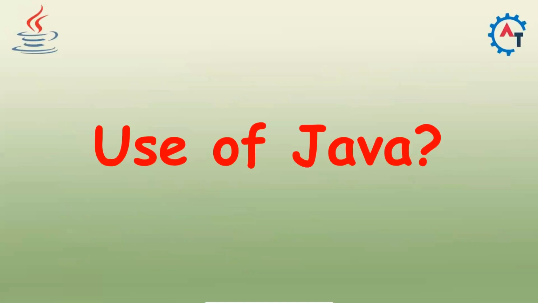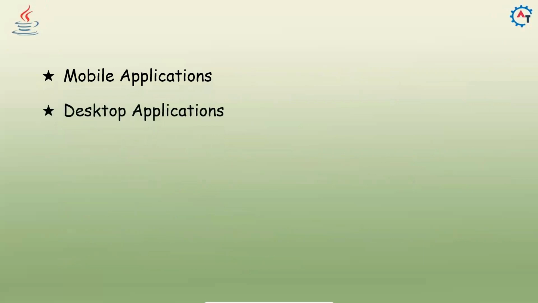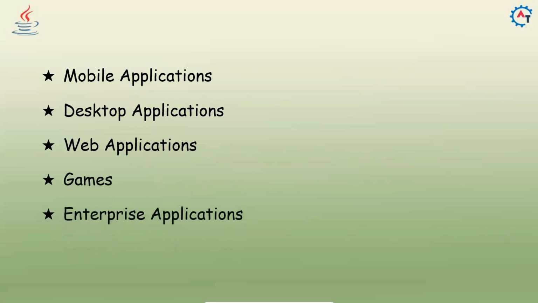Now, the use of Java. We are saying Java is a high-level programming language and platform independent. But what is the use of Java? What will we gain by learning Java? With Java, you can develop mobile applications, desktop applications, web applications, some games, enterprise level applications, and scientific applications.